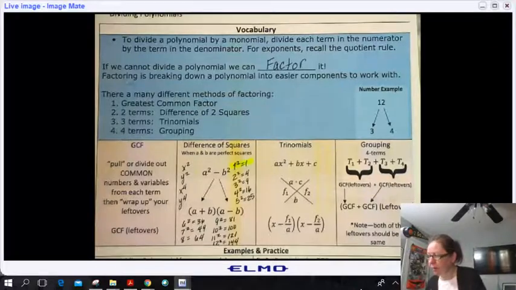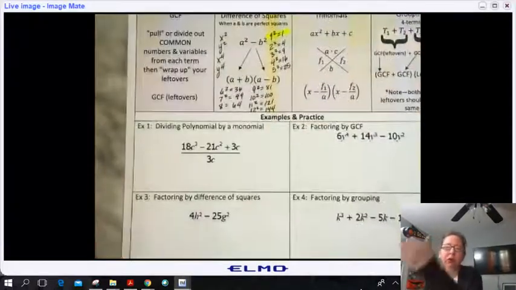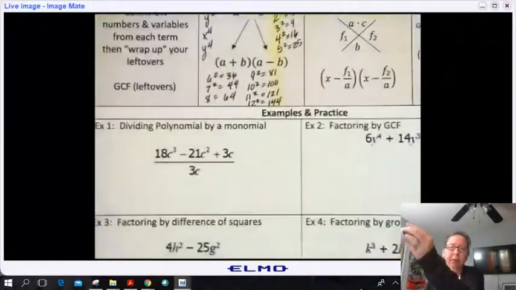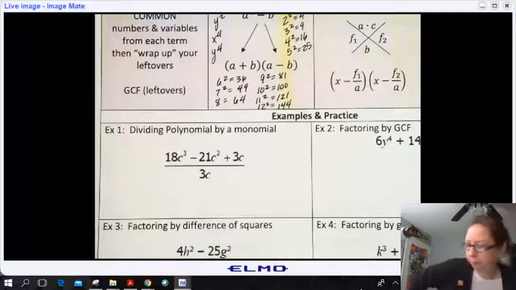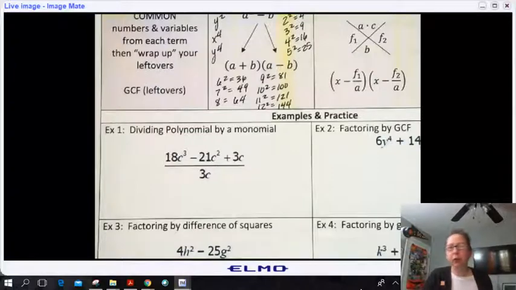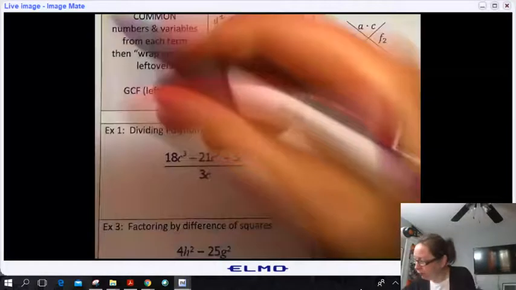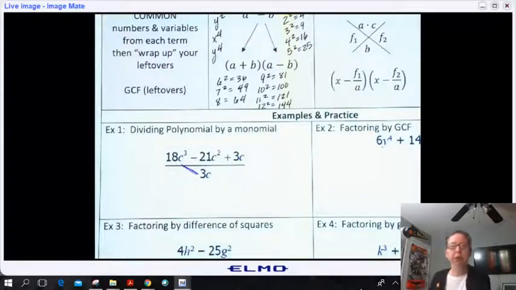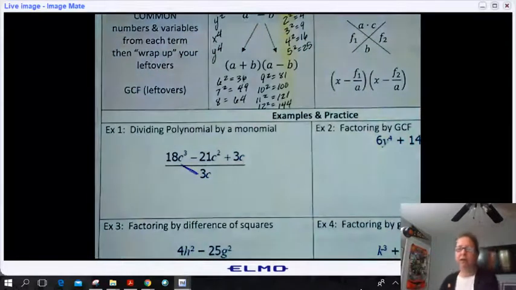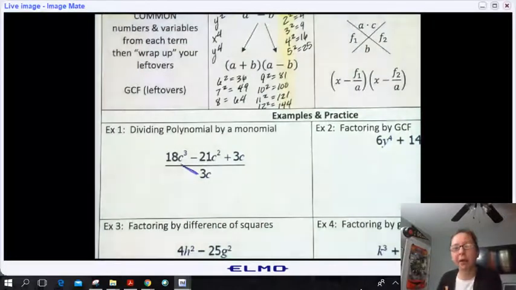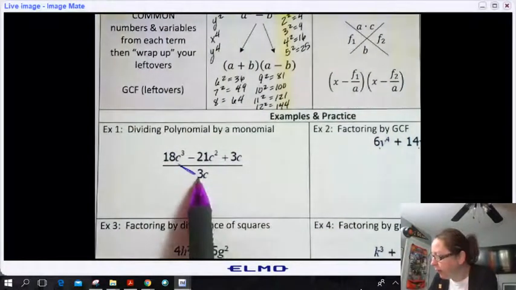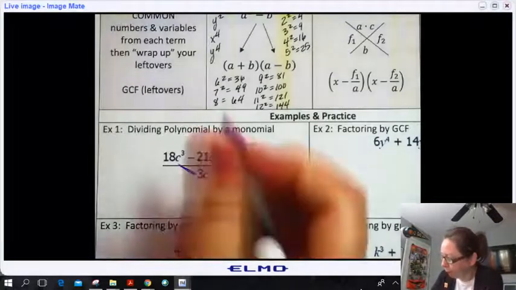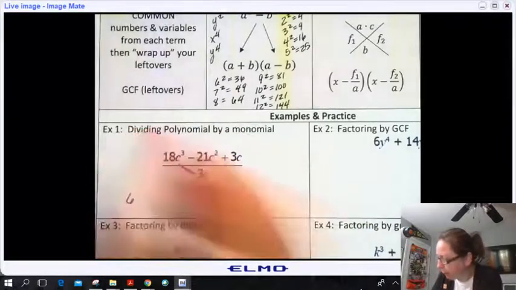So let's start first with an example that is simply dividing a polynomial by a monomial. We're going to do this in 3 parts. We're first going to just do 18c cubed divided by 3c. 18 divided by 3 is 6.